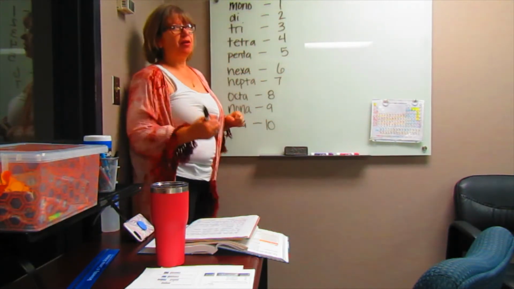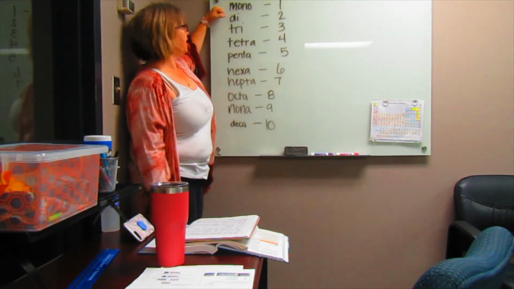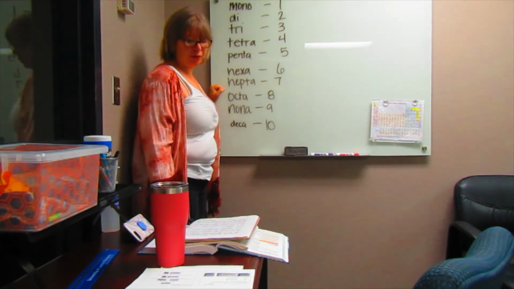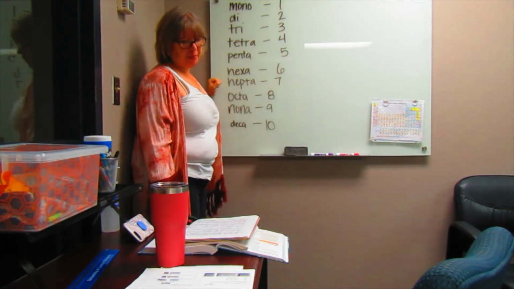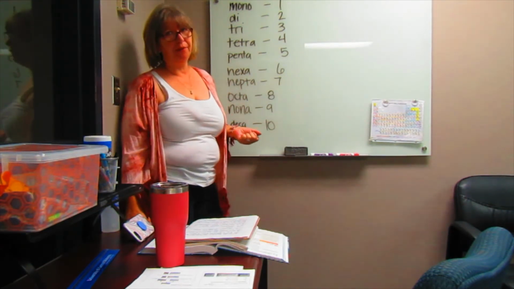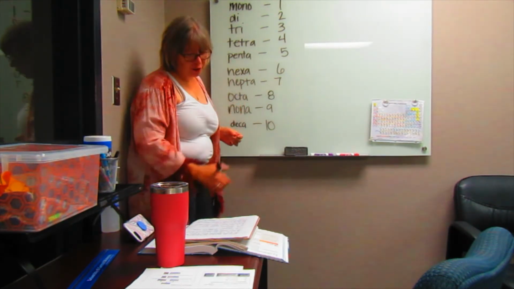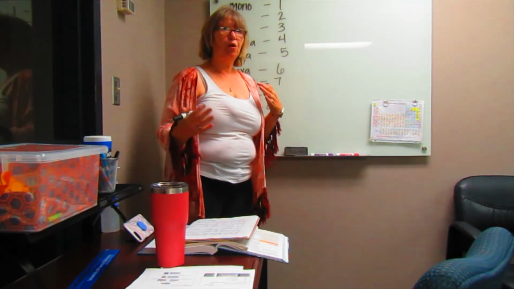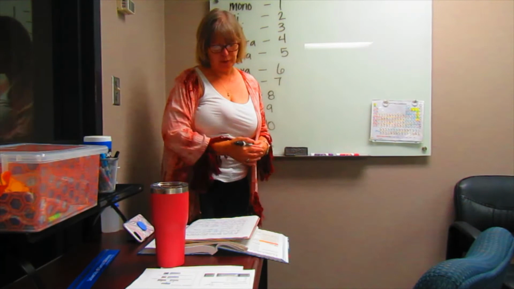Okay, so these are the prefixes that you have to know when naming molecular compounds. So the first step in naming a molecular compound is identifying it as one. Nearly all molecular compounds form between two or more nonmetals, right?